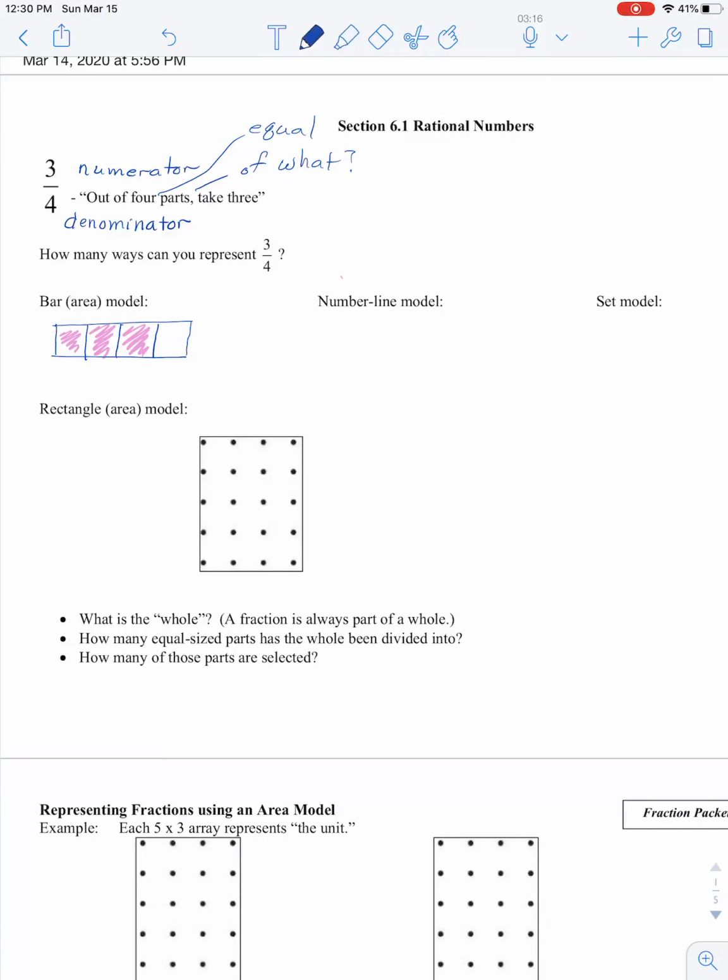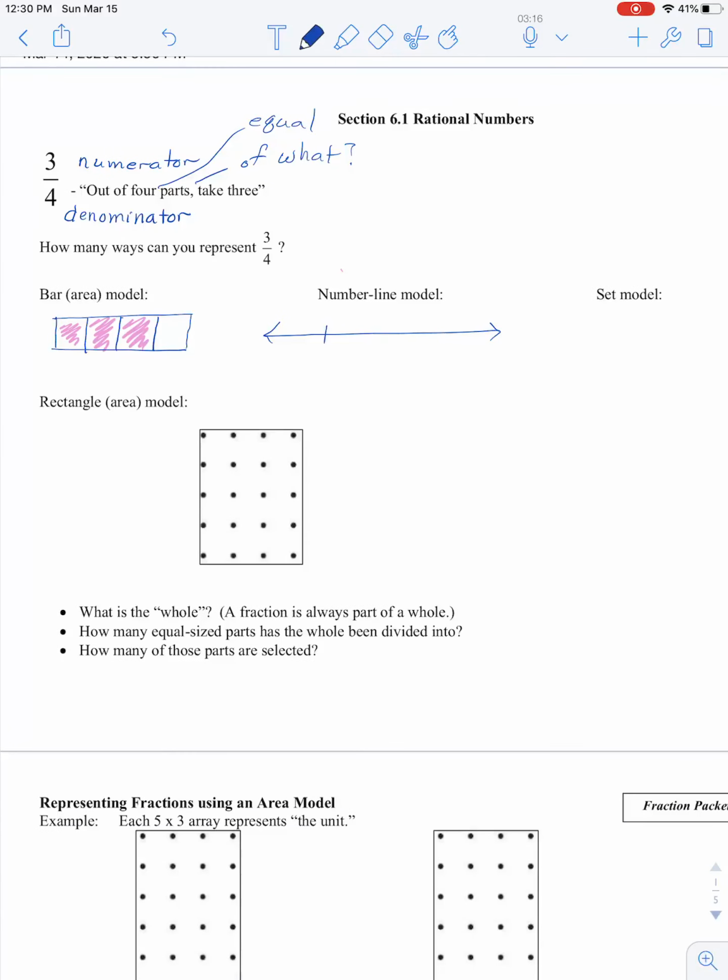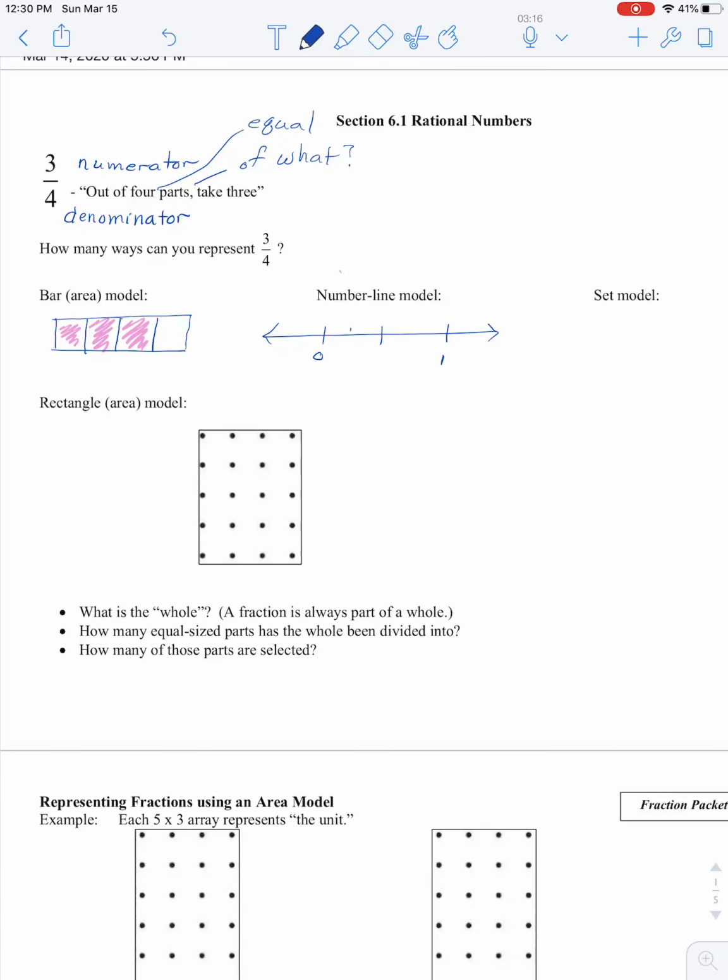The number line model looks the same, but it really has more of a distance idea instead of an area idea. So when I model 3/4, it'll be 3/4 of 1. So I draw a length that represents 1, and I divide that into 4 equal parts. Again, one line divides it into 2 equal parts, and then another line in each of those halves divides it into fourths.